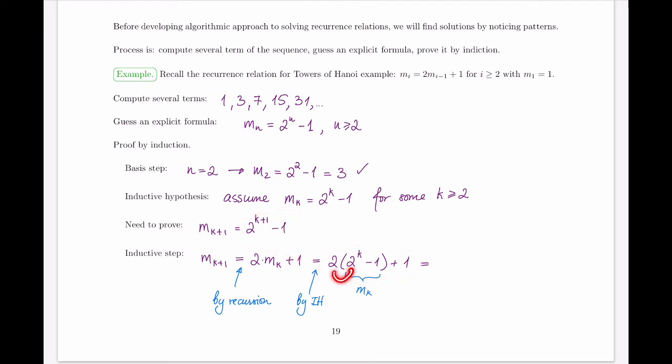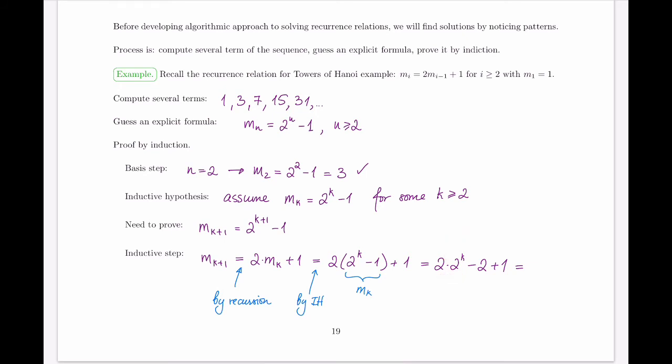So what do we have? 2 times 2 to the k, minus 2 times 1, so minus 2. And then don't forget the plus 1. And as in the question before, 2 to the power 1 times 2 to the power k, we add the powers.